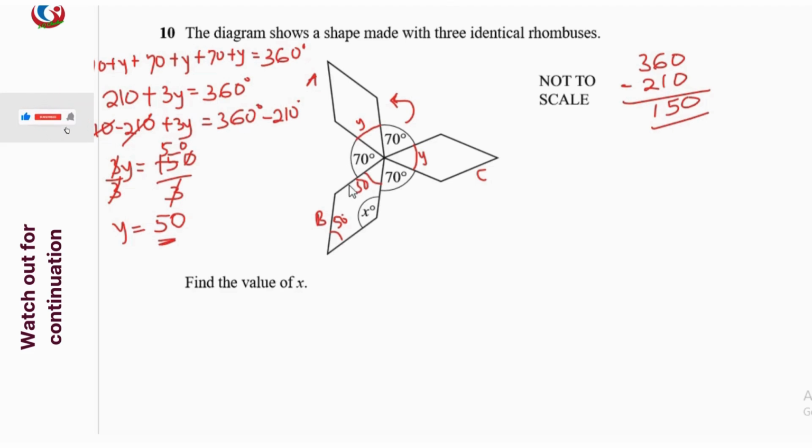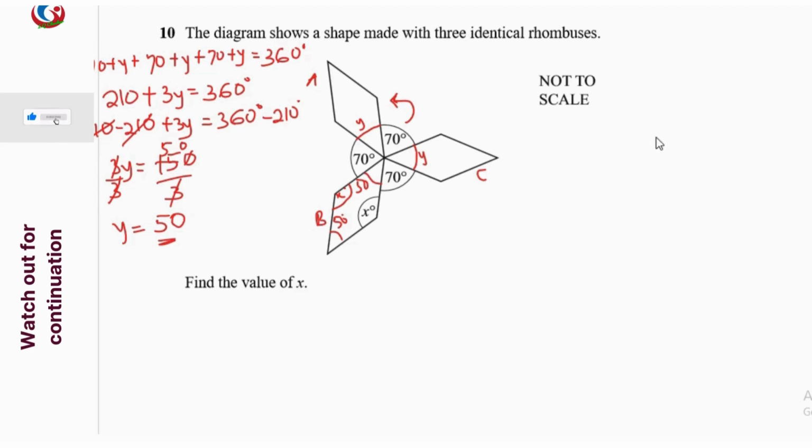So the angle opposite to x is also x degrees. Alright, and the sum of angles in a rhombus as well is equal to 360 degrees. So that will now take us to our next step of calculations. We rub this off and then proceed.